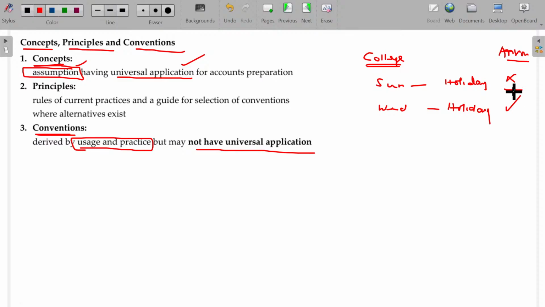The Sunday holiday requires no announcement because all the students know about it. It is assumed that Sunday and Saturday are holidays. In special cases, it will be notified. If the management decides to have a gathering on a Sunday, they will announce that tomorrow there is no holiday, you have to visit. Understand? What happens at SSA? We have to intimate. So this is universal application.